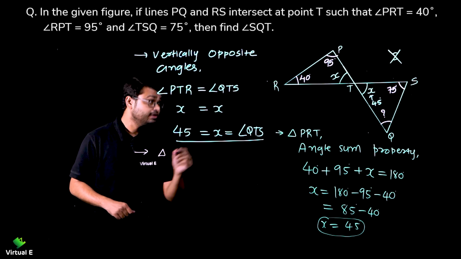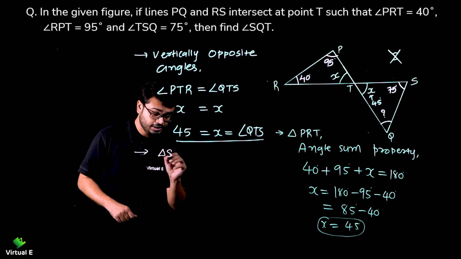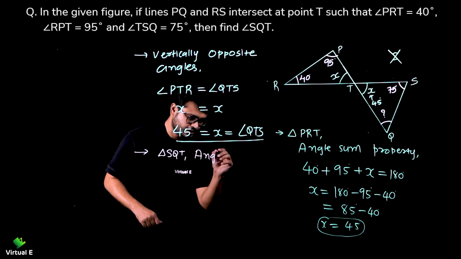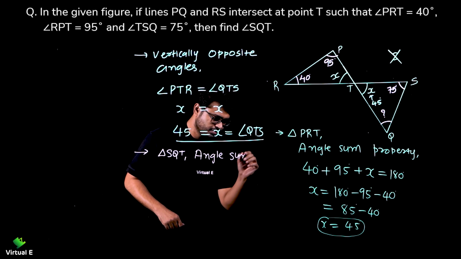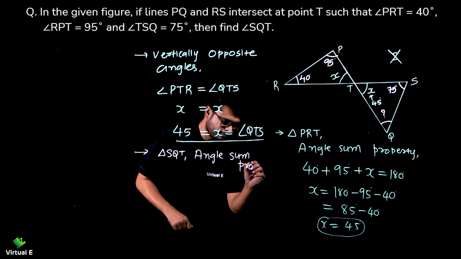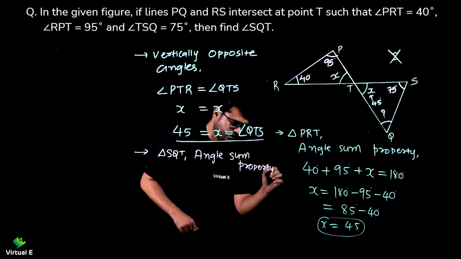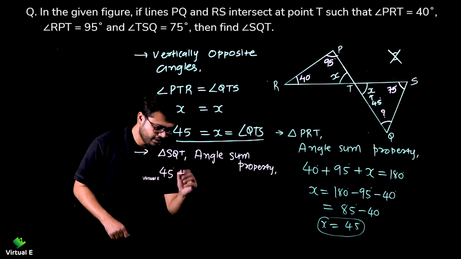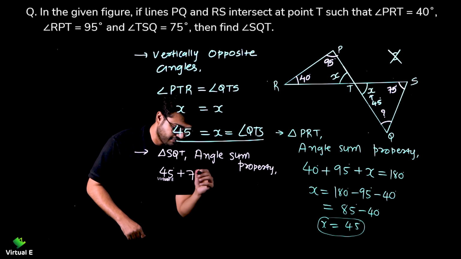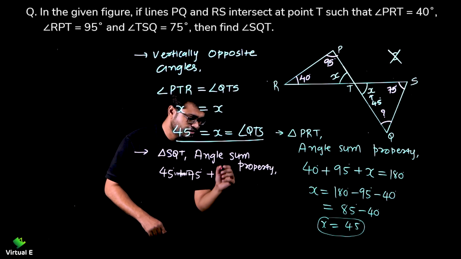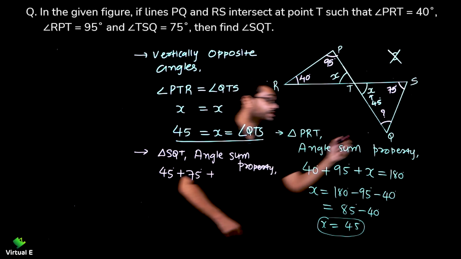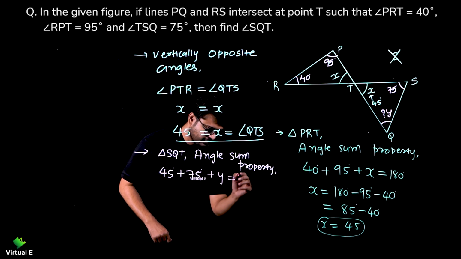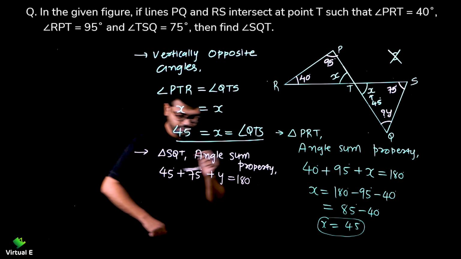So let's write triangle SQT, angle sum property, right? So what we can write, 45 degrees plus 75 degrees plus, let's say here y. So plus y is equal to 180 degrees.